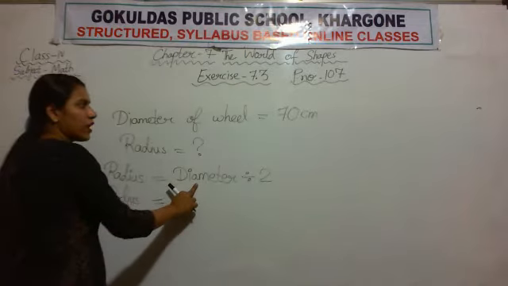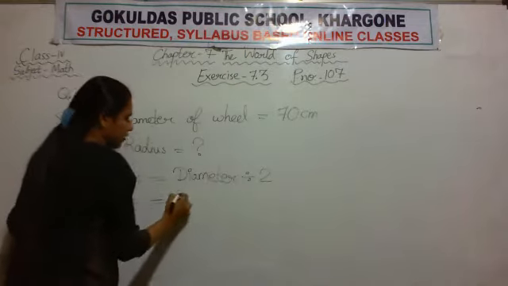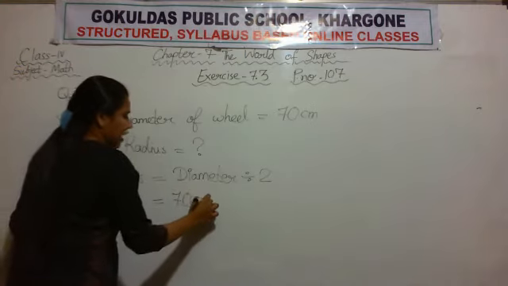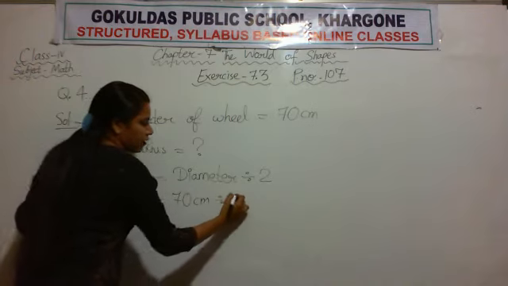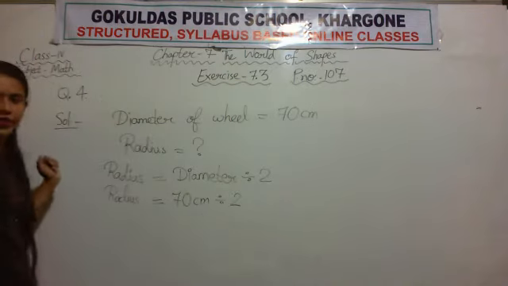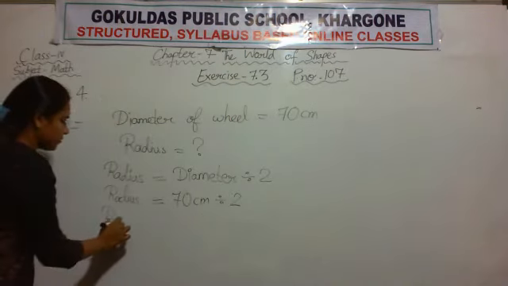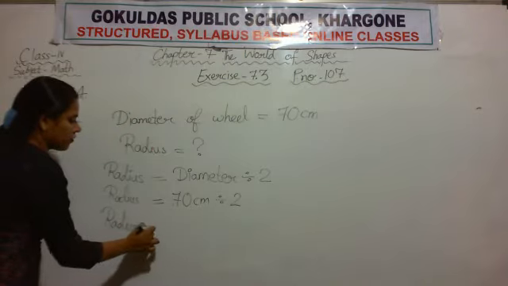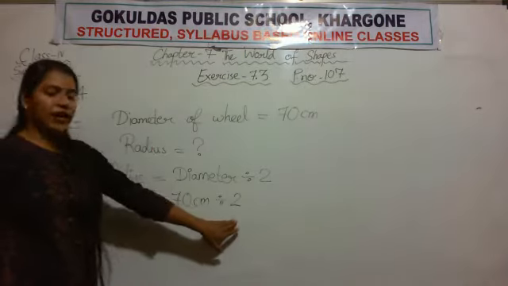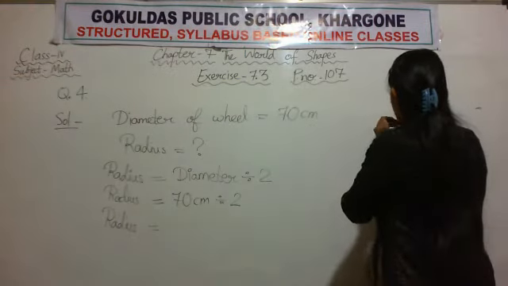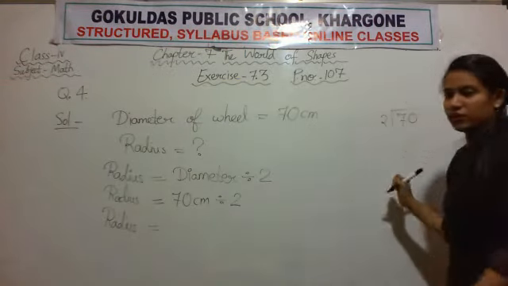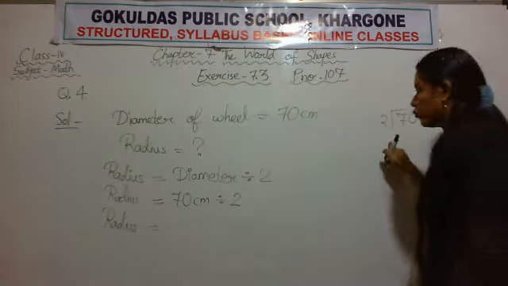What is the value of diameter? 70 centimeter. So write 70 at the place of diameter, then divide by 2. Now radius is equal to 70 divided by 2. In rough work, we can arrange both the numbers in standard division form. 70 divided by 2.